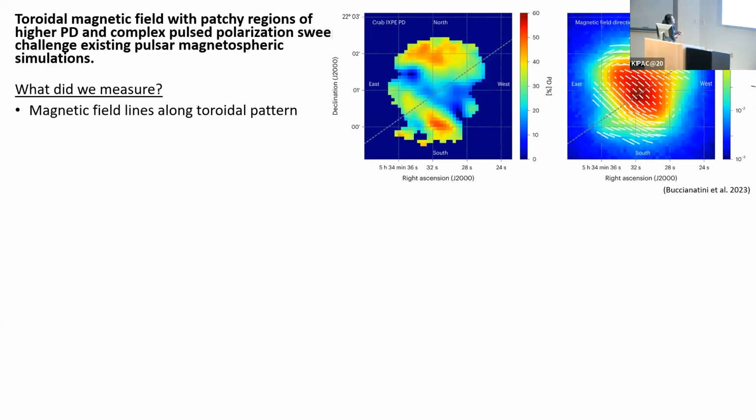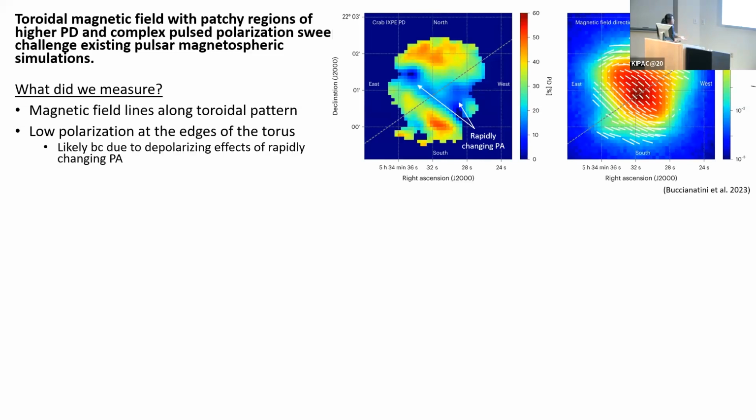We saw that the magnetic field lines, which are perpendicular to the polarization direction, follow a toroidal pattern. There are low levels of polarization at the edge of the torus, mainly because the polarization angle changes very rapidly at both sides, giving a depolarizing effect.